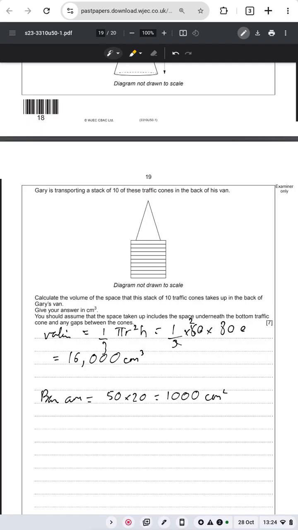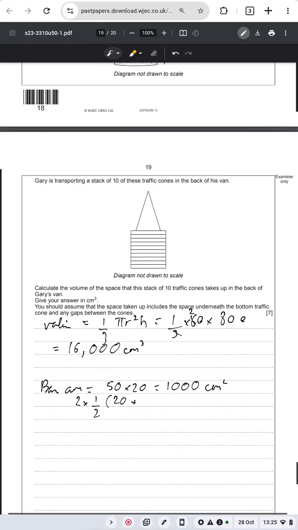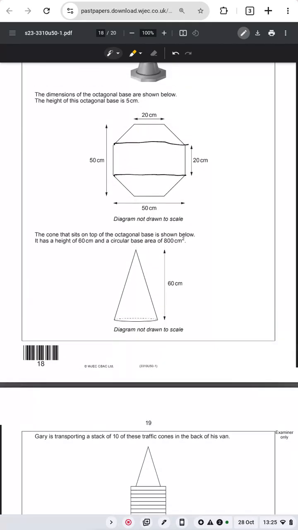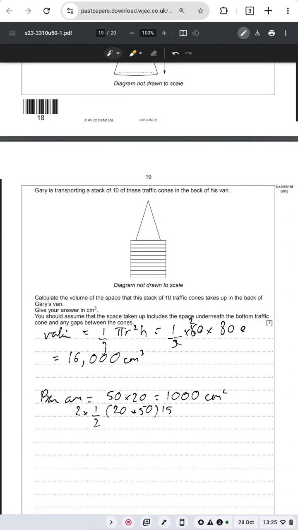And then we've got the trapeziums, but there's going to be two of them, so we're going to be doing 2 times 1/2, and then the sum of the parallel sides, which is 20 and 50, times the height of one of the trapeziums, which is going to be 50 minus 20, which is 30, divided by 2, which is 15.